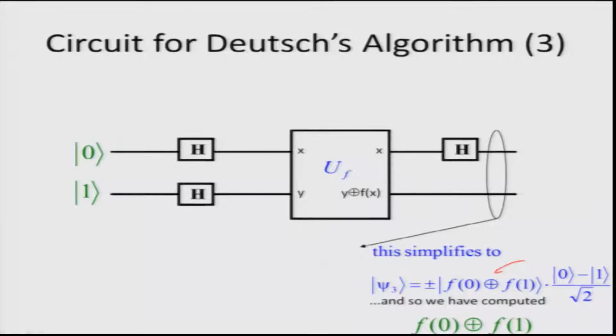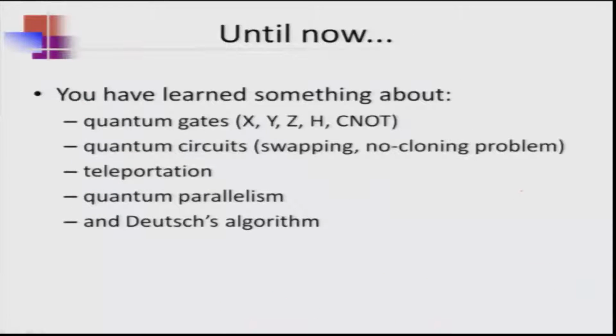The final wave function will simplify to plus minus f of 0 binary add f of 1 times the superposition state, and as a result we have computed f of 0 and f of 1 binary add in one single step, because we never make a measurement after we have started our process. When we have finally reached it, if we measure, then we are going to get our resultant here.